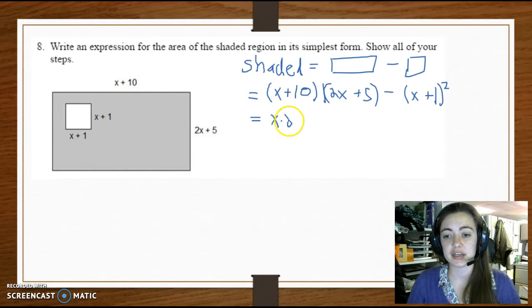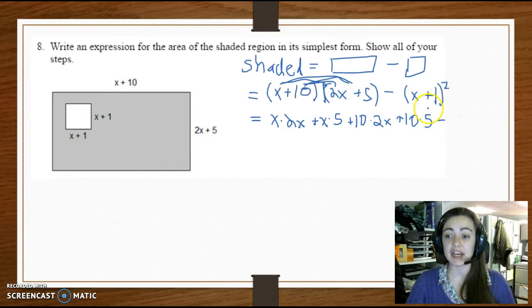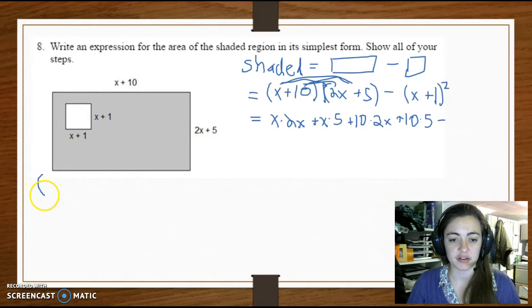So we have x times 2x first, then x times 5, then 10 times 2x, then 10 times 5. Then we're going to subtract the other term here. Since we're running a little low on space, let's use our space over here to write that out.